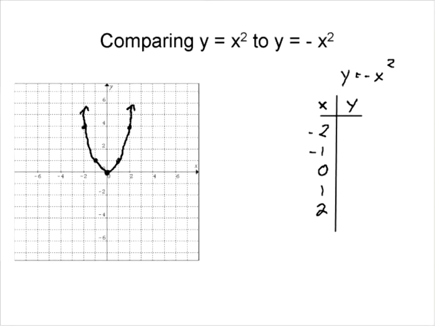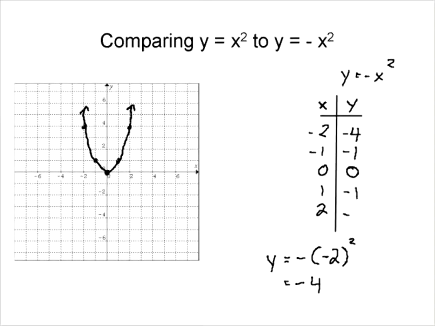So what happens? I'm just going to show you the first one. If we put -2 in here, the negative on the original function stays outside of the brackets, meaning we're putting -2 in for x. So what that means is we're going to get -4. So (-2)² is 4, with the negative it's -4. -1 is going to be -1. 0 is going to be 0. 1 is going to be -1.